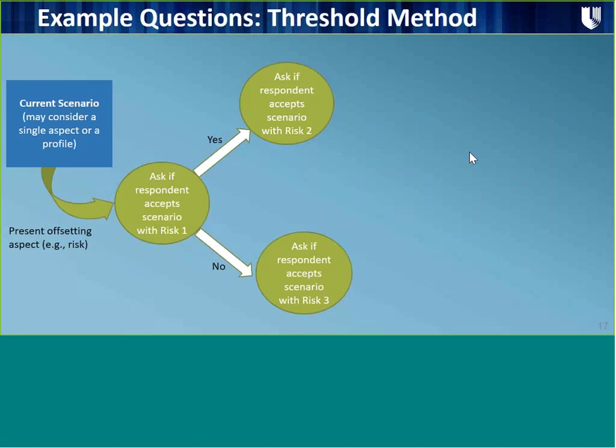The second family of methods are called threshold-based methods. And what they do is that they don't try to get to the relative heights of any given profile. They actually are trying to evaluate the indifference directly. And so they present a scenario that might consist of benefits, risks, and any other set of attributes. And then they iteratively ask respondents to accept or reject tweaks to that scenario, where the tweaks are made based on either benefits or risks.